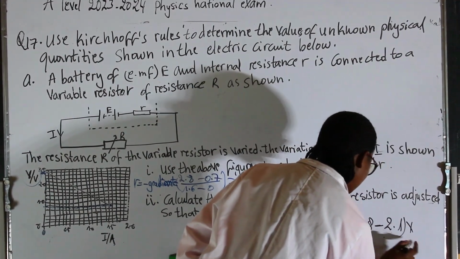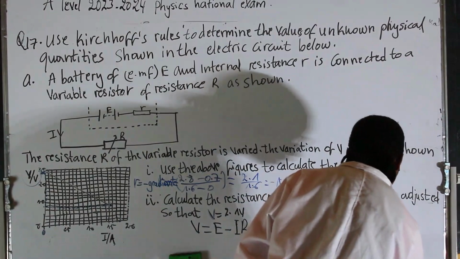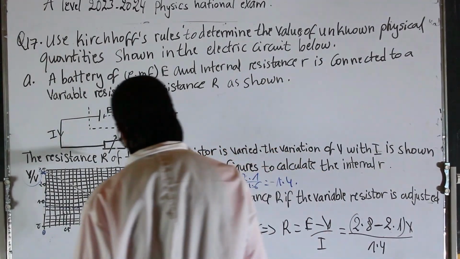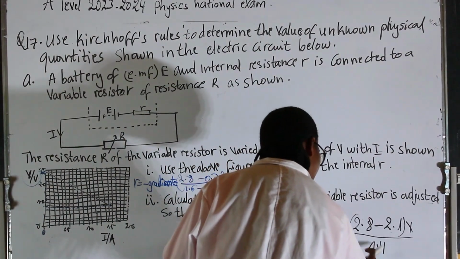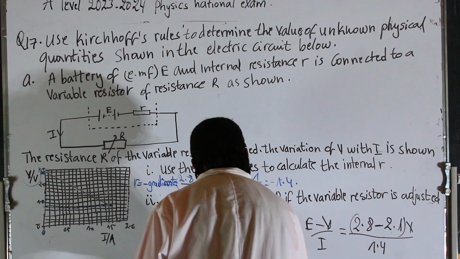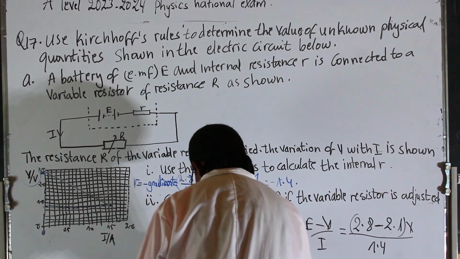divided by 1.4, which is the current in the circuit. Oh, sorry, this is IR.